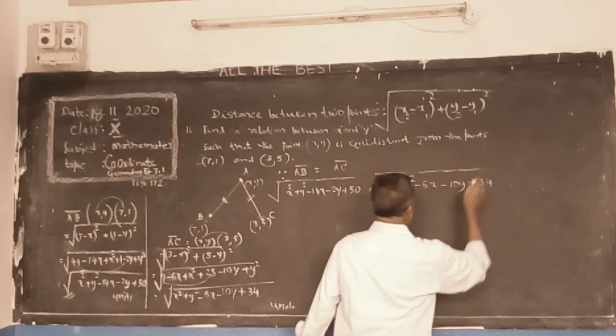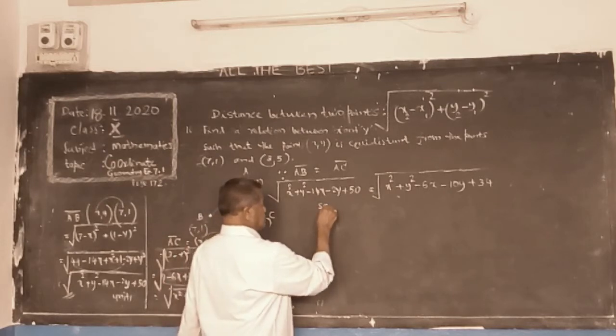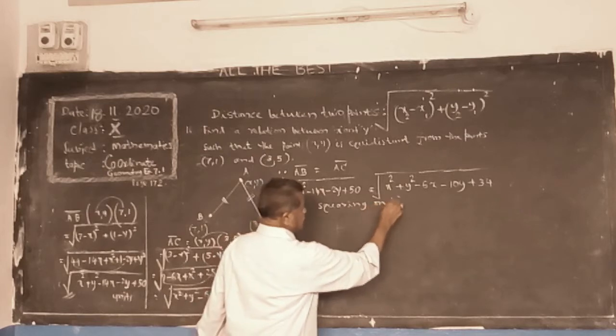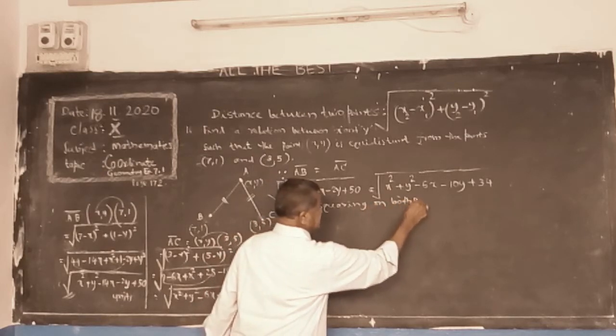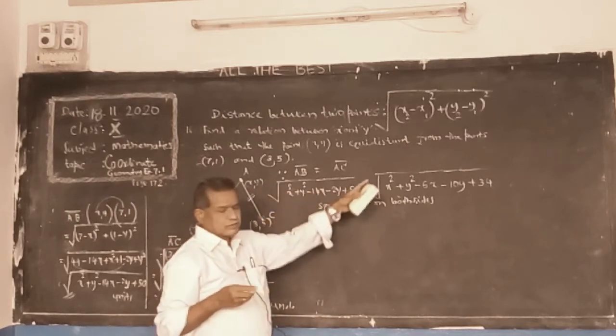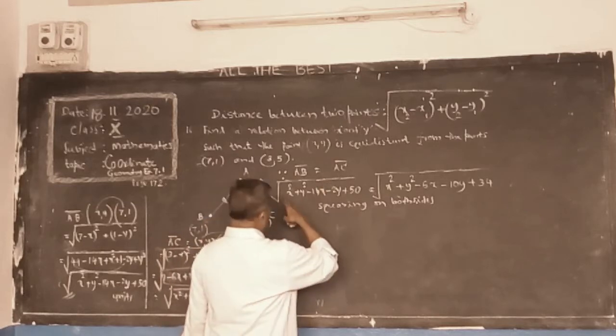In order to remove the square root, we have to do squaring on both sides. Only on squaring both sides can we remove the square root.